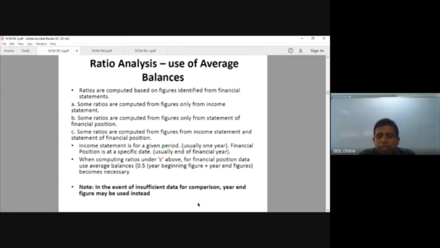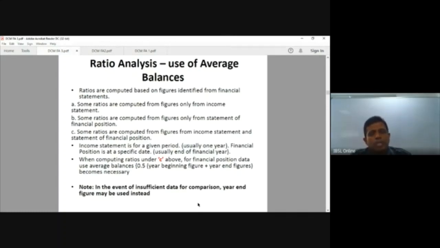But in a situation where you are required to use the average balances, some people just take the number and not the averages. They use that number for calculation. Therefore, I am explaining in this slide where to use the average balance and where not to use the average balances. Right.